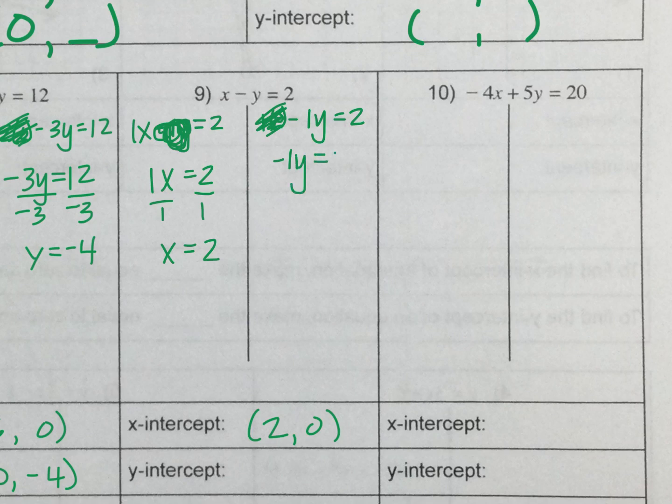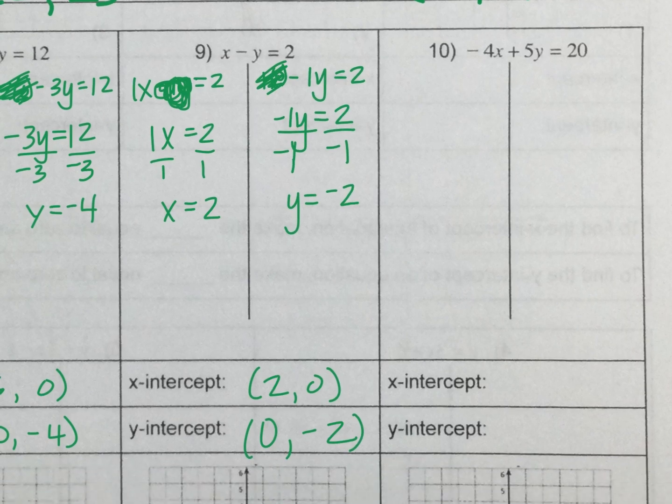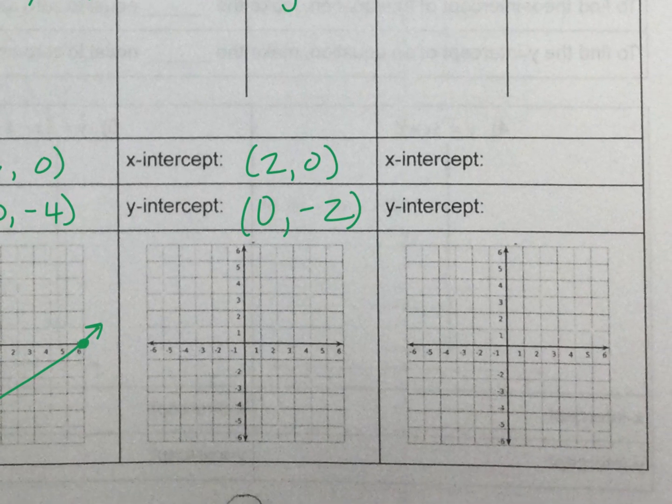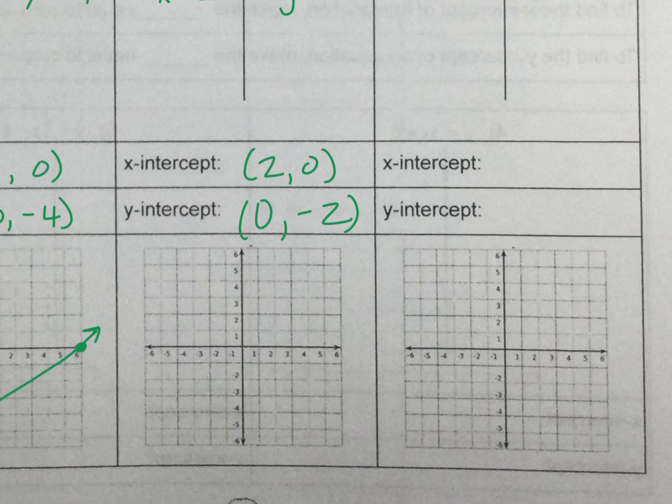Negative 1y equals 2. Divide by negative 1. Y equals negative 2. All right, let's graph it. Over 2, up and down none, down 2, and connect the dots.